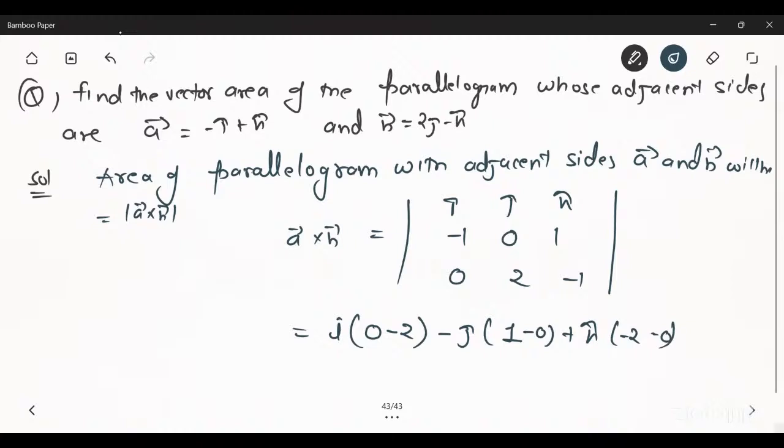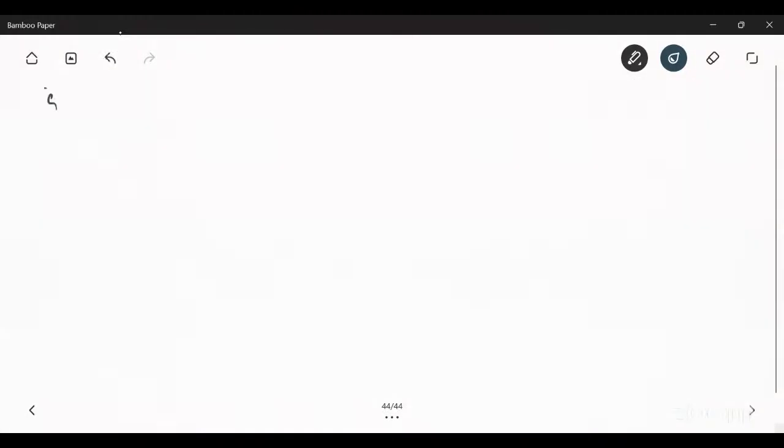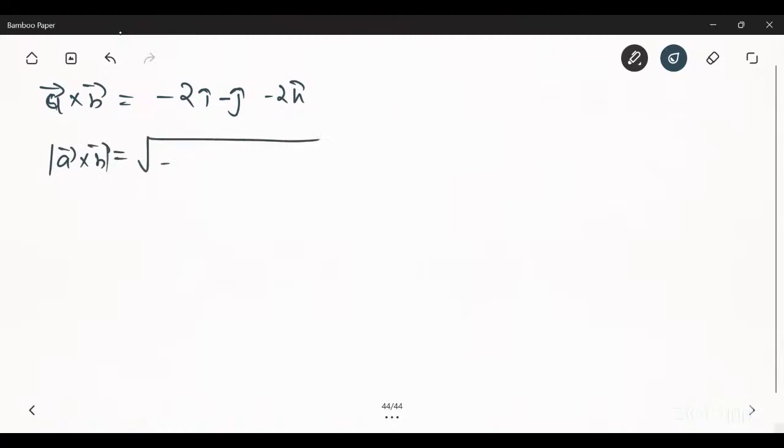So minus 2i minus j minus 2k will be the value of A cross B, and the value of mod A cross B is under root the coefficient of i whole square plus the coefficient of j whole square plus the coefficient of k whole square.